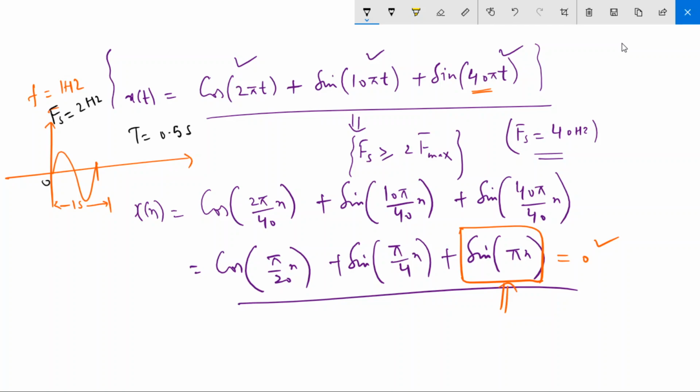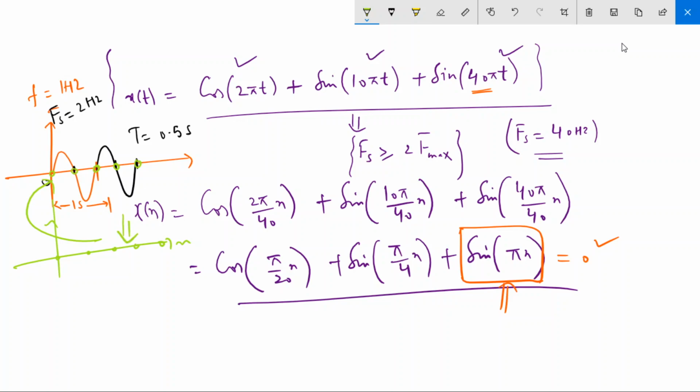So the samples are at 0, then 0.5, then 1, then the next sample at 1.5, which is again 0, then 2, again 0. It means you are taking the samples just at the zero crossing points. As a result, the discrete signal you get is nothing but a sequence of zeros. So how can you recover this signal from the samples? Not possible, because the signal information is totally lost after sampling.